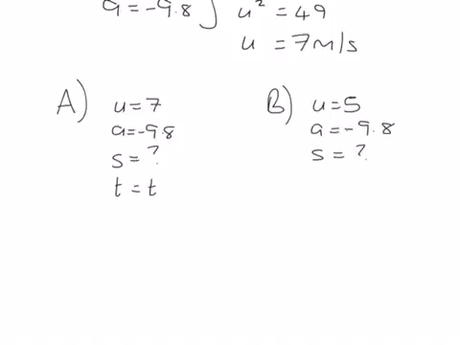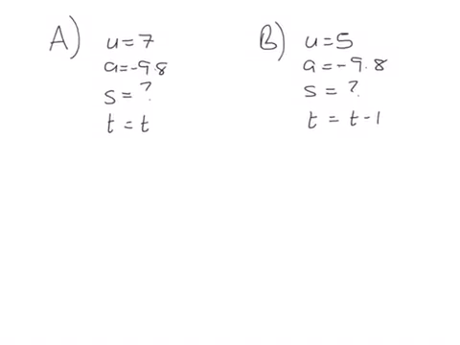Again, we're going to be looking for the displacement, and this time the time is going to be t minus 1. So because it's thrown a second later, it's going to take a second less for it to reach that point. So we can use s equals ut plus a half at squared for both of these, and just fill it in to get an expression for s.